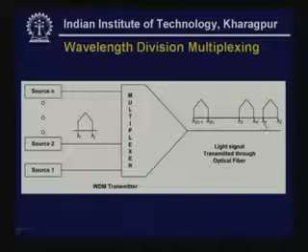For example, this is the signal coming from channel 1, lambda 1 to lambda 2, channel 2, lambda 3 to lambda 4. You can see there is some guard band in between. Then for channel n, lambda 2n minus 1 to 2n. So, these different wavelengths can be multiplexed and sent through an optical fiber cable.